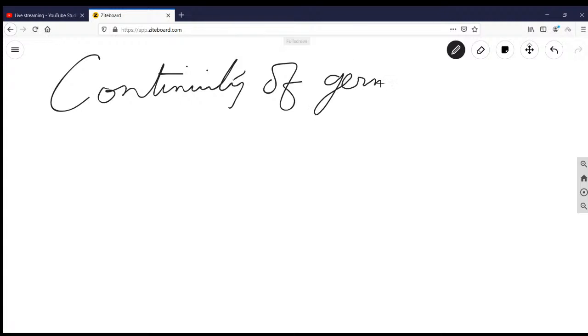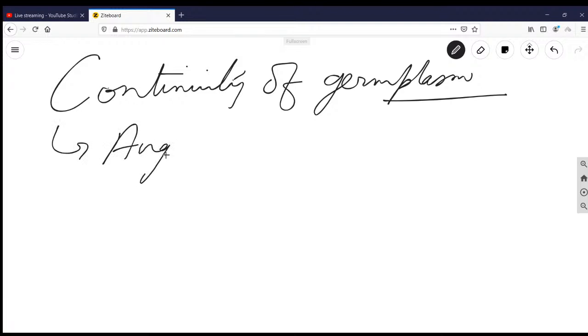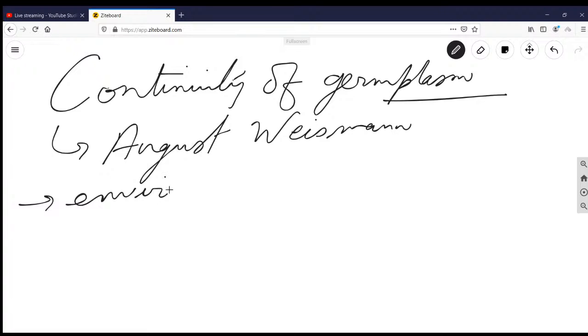This theory states that environmental factors affect only somatic cells and not the germ cells. Number 1.